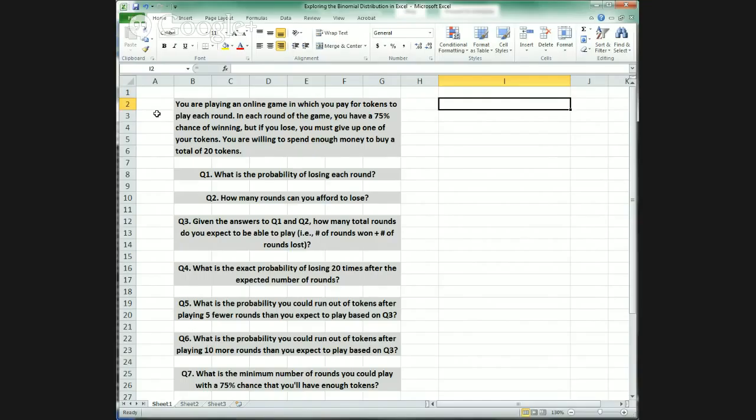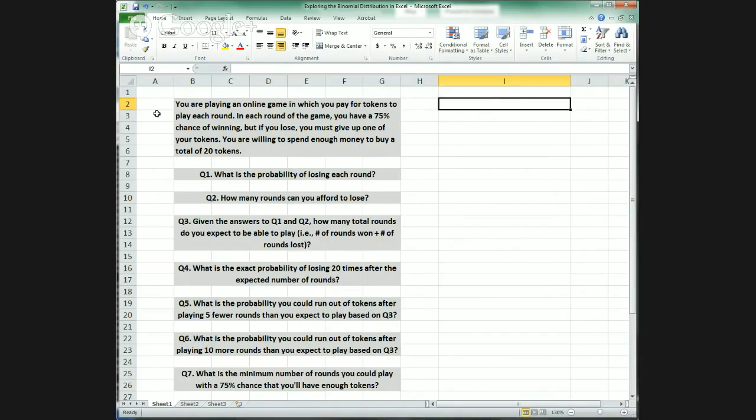So I didn't give you unnecessary information about the amount of money that you have and the amount of money that the tokens cost. You could encounter a word problem where they would give you that information, which would really be for the point of distracting you from the point. And so you want to make sure that you understand what's being asked of you so that you aren't paying attention to information that's not really necessary.